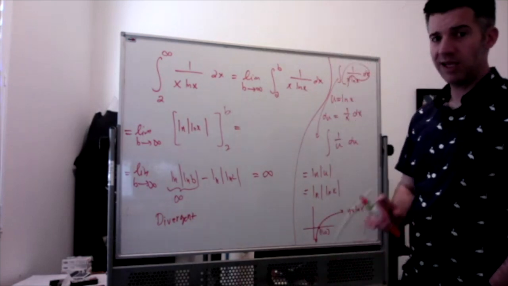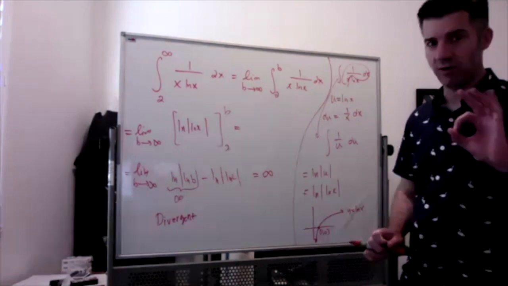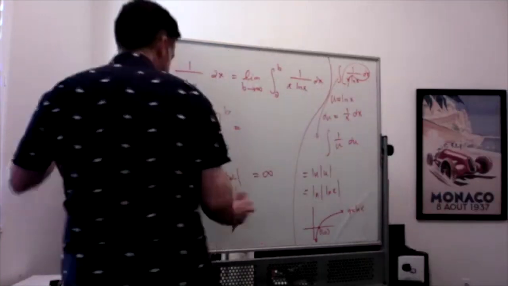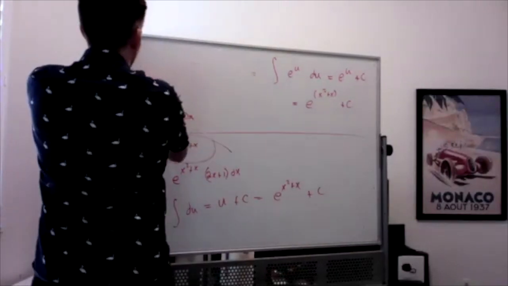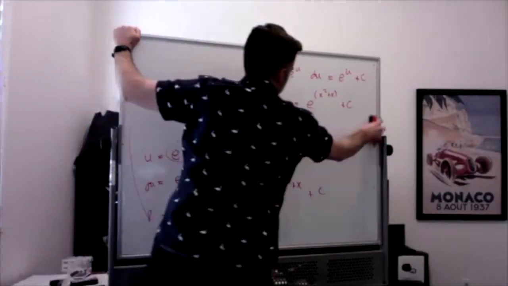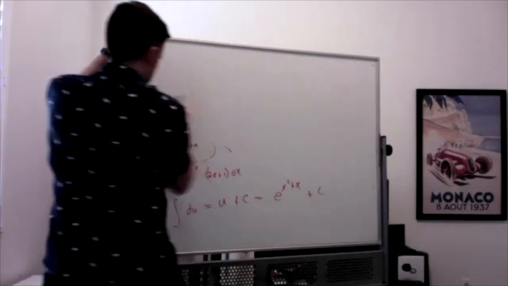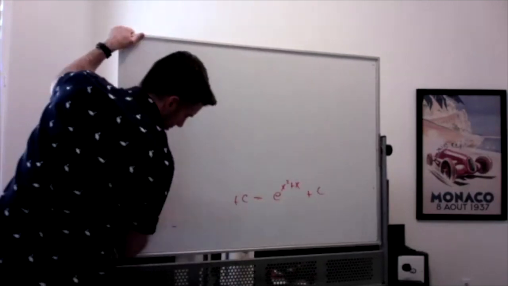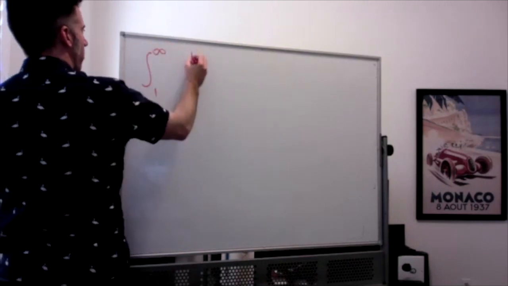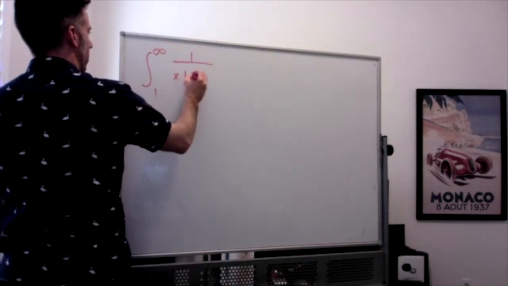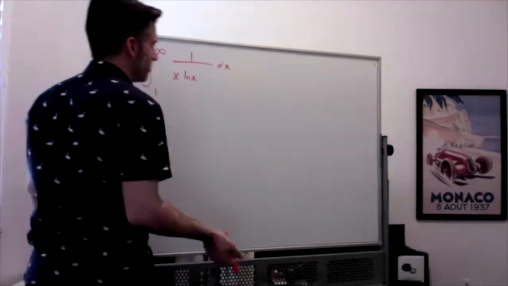I'm going to ask a slightly different question, which is going to require almost zero amount of work. What if instead we have the integral from 1 to infinity of 1 over x natural log of x dx?